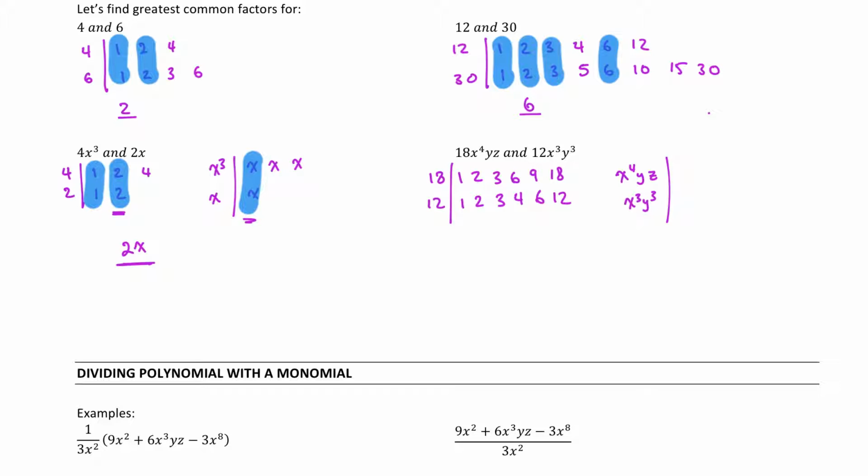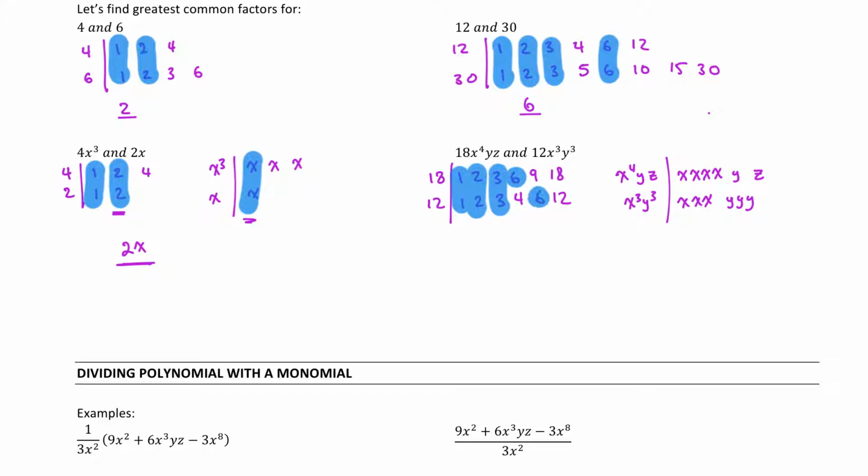For this one, I'm just going to expand it. x times x times x times x gives me x to the 4, y and z, and x times x times x gives me x cubed, y times y times y gives me y cubed, and I don't have a z there. For my greatest common factor, first I have to find all the common factors. So I have 1, 2, 3 as my common factors.